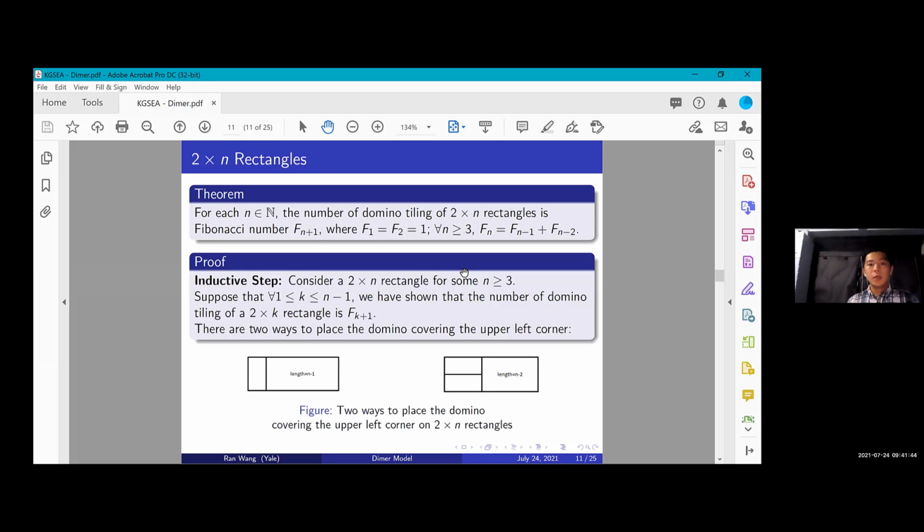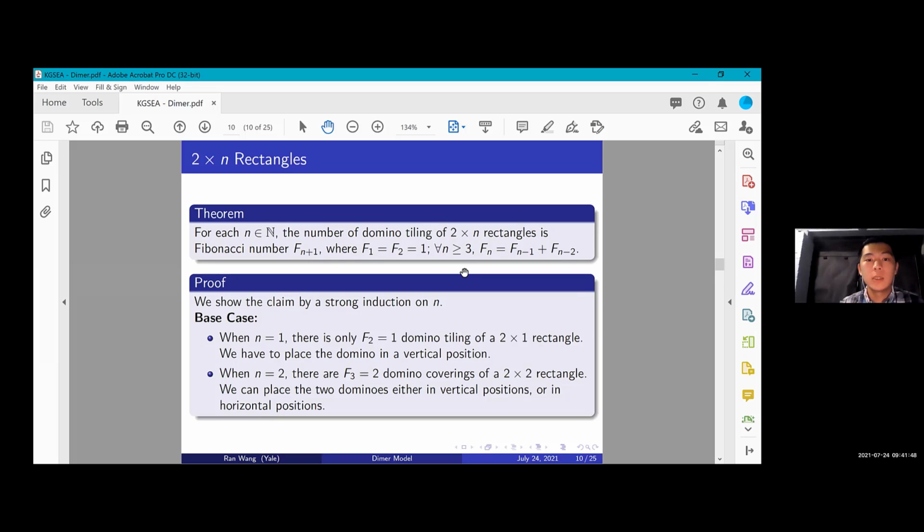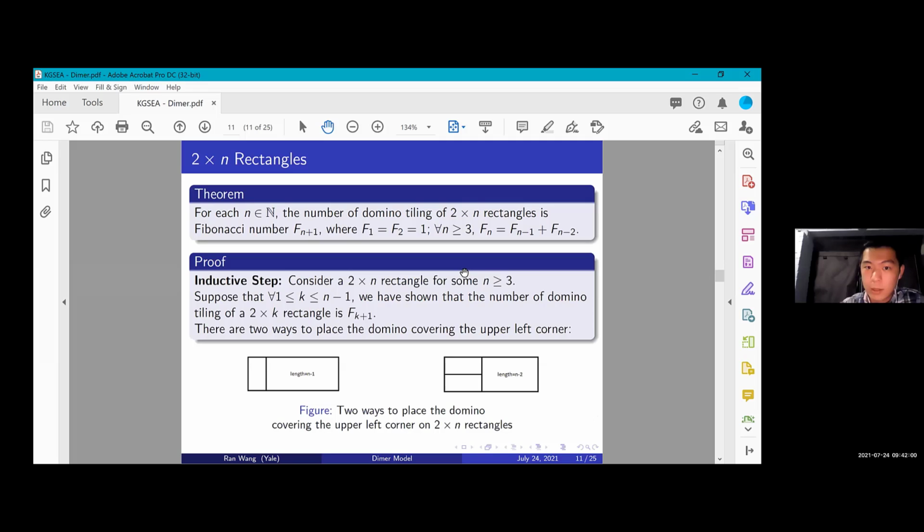Okay, then we first address the base cases, when n equals 1 and when n equals 2. So what's going on when n is larger than 2? We'll consider a 2 times n rectangle for some n at least 3.